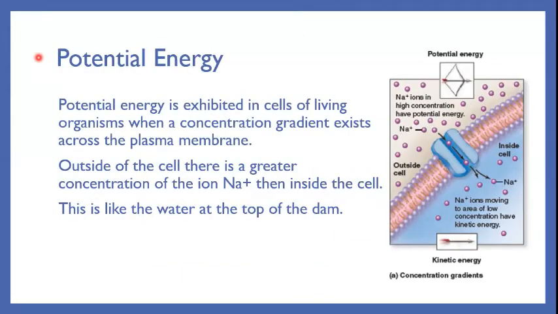We may need to explain that potential energy a little more. Potential energy is exhibited in cells of living organisms when a concentration gradient exists across the plasma membrane. Let's look at this in a picture. I think it kind of helps. This plasma membrane is dividing the inside of a cell from the outside of a cell.